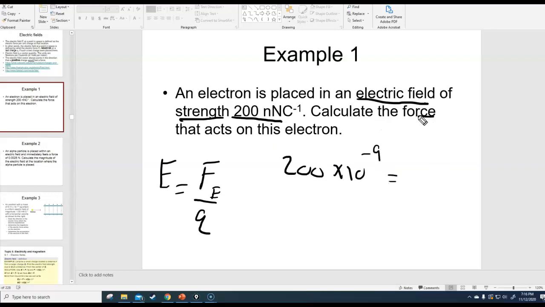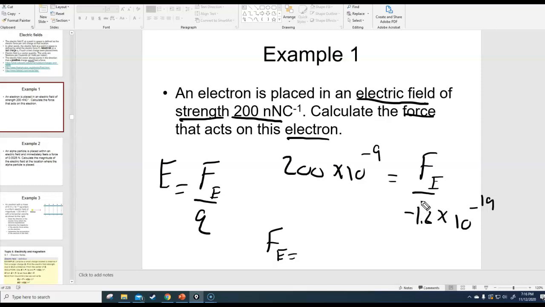And if we want the force on this particle, note that it is an electron, and so we know the charge of the electron is negative 1.6 times 10 to the negative 19 coulomb. We talked about this in the last video, but remember this negative sign indicates that it's a negative charge.